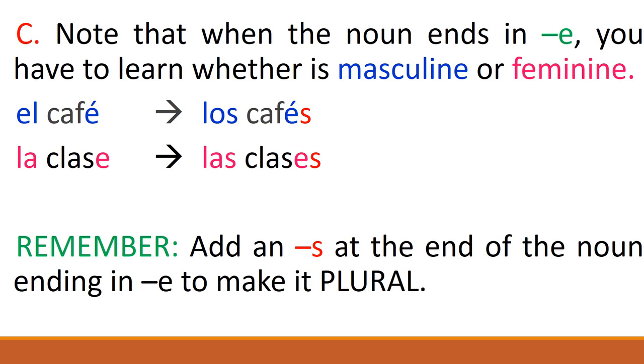But something that you need to remember is whether that noun ends with an E, you have to memorize if they're masculino or femenino. We're going to have a couple of those throughout the year, and I'm going to tell you what to use. Either it's el or la.